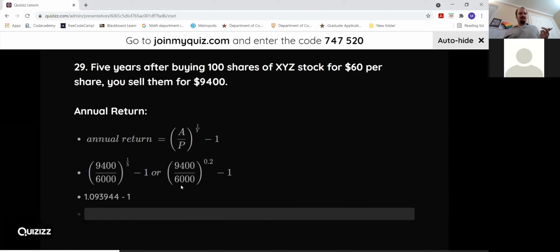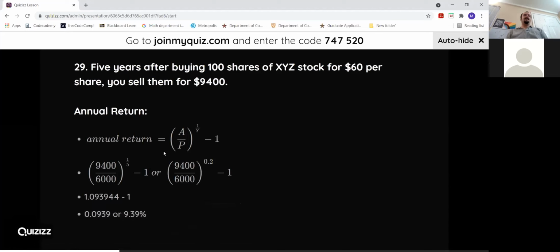Try to get that on your calculator somehow. Make sure you can do fractional exponents. And we take this and we subtract 1. That gives me 0.0939, somewhere in that ballpark, or 9.39%.